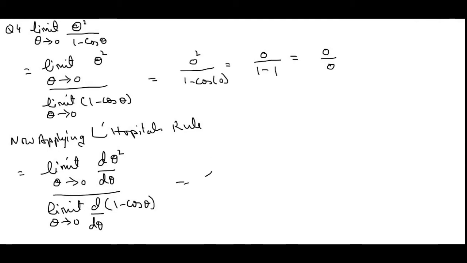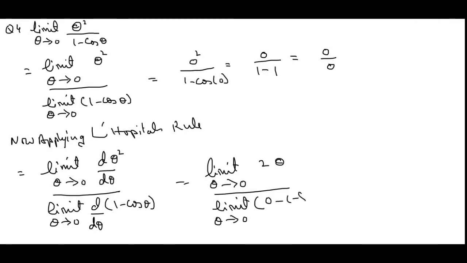Taking the differential, the limit will remain as it is because we are not applying the limit here. It is 2 theta, whole divided by limit theta approaches 0, and it is 0 minus, minus sine theta, that is sine theta.